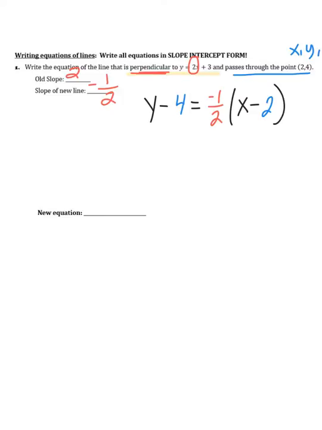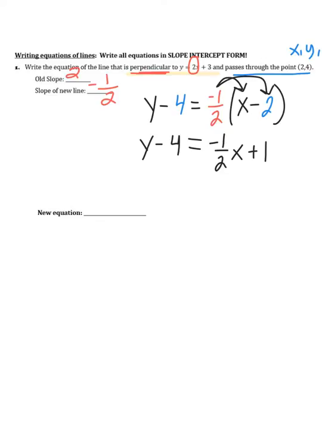So this is a wonderful looking point-slope formula here. I am noticing the directions ask for slope-intercept form, so that means I need to do a little bit of algebra here and rearrange so that I can have a y equals equation. So let me start by distributing this negative 1/2. That's going to be a negative 1/2 x, and negative 1/2 times negative 2 is going to be positive 1, and I'm just going to bring down that y minus 4.